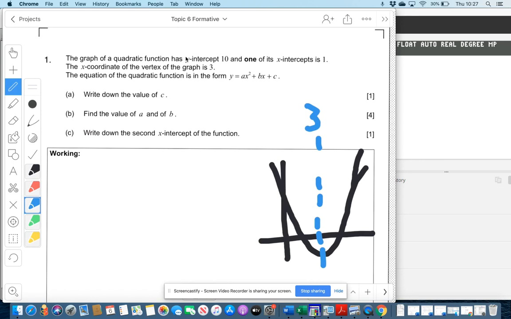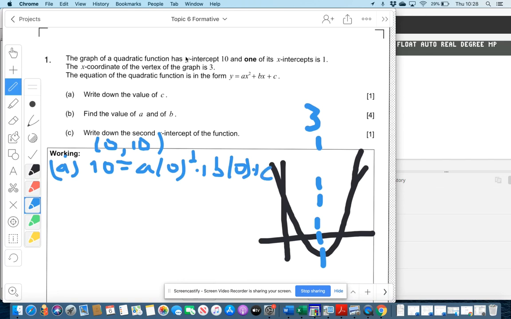Well, the value of c is actually the y-intercept, because if you go into the function and you plug in 0, for the point 0, 10, you have 10 is equal to a times 0 squared plus b times 0 plus c.